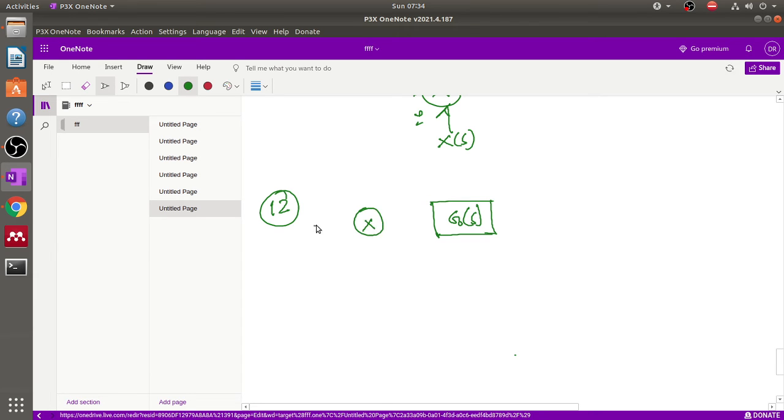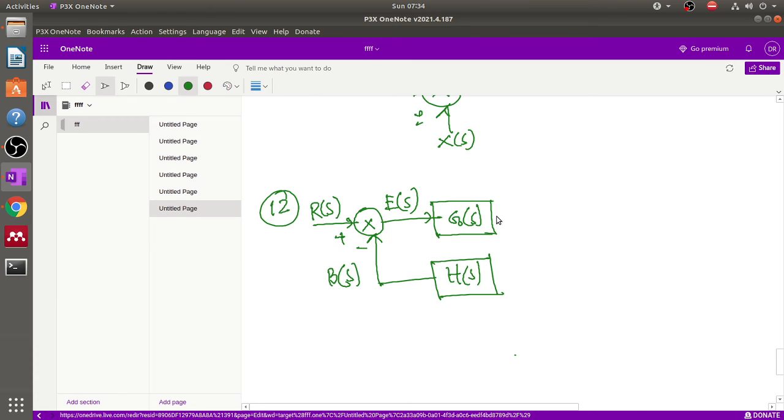Here one comparator, or summing point, has input signal Rs, and this is an error signal Es. This is a feedback signal known as Bs. So this is a plus, this is a minus, this is negative feedback. Basically for positive feedback this is plus. This is the feedback path gain, or feedback gain, Hs, and this is the output known as Cs, and this is the feedback.